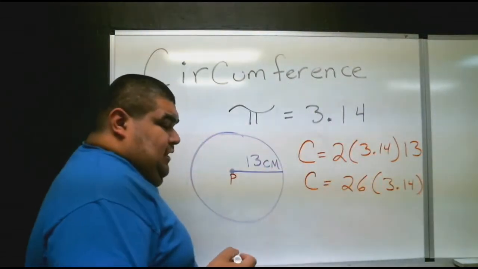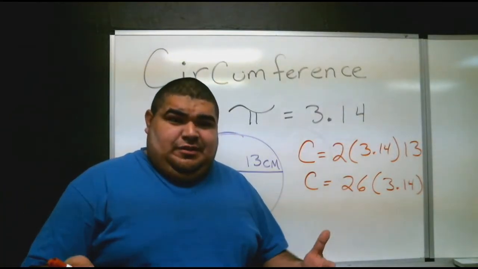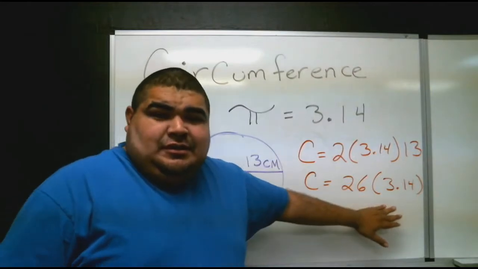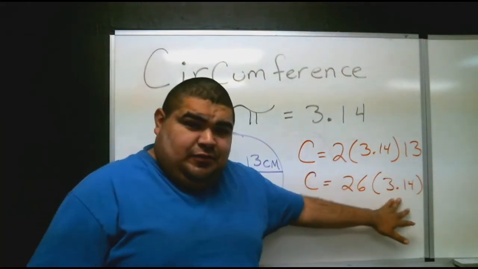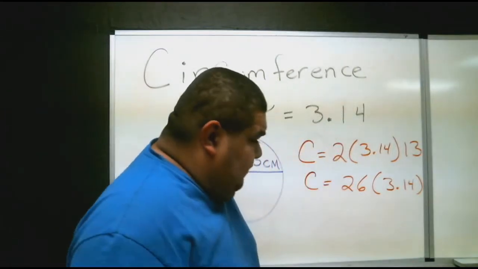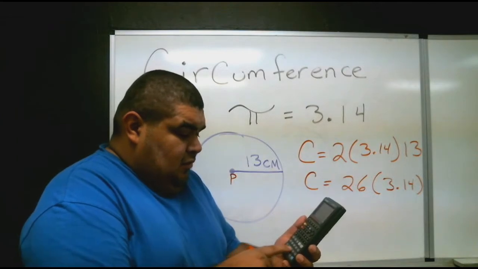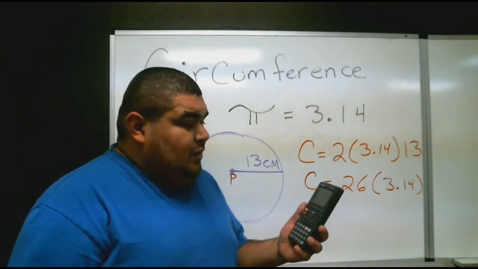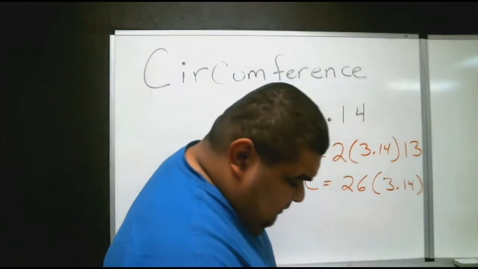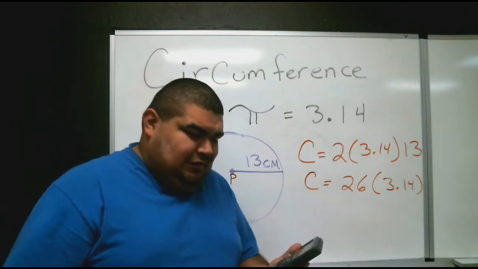If you have the pi sign on your calculator, that's great. You can do 26 times pi. But for the ones that don't have it, we're going to plug in 3.14. So in our calculators, we're going to put 26 times 3.14. It should give you 81.64, okay?